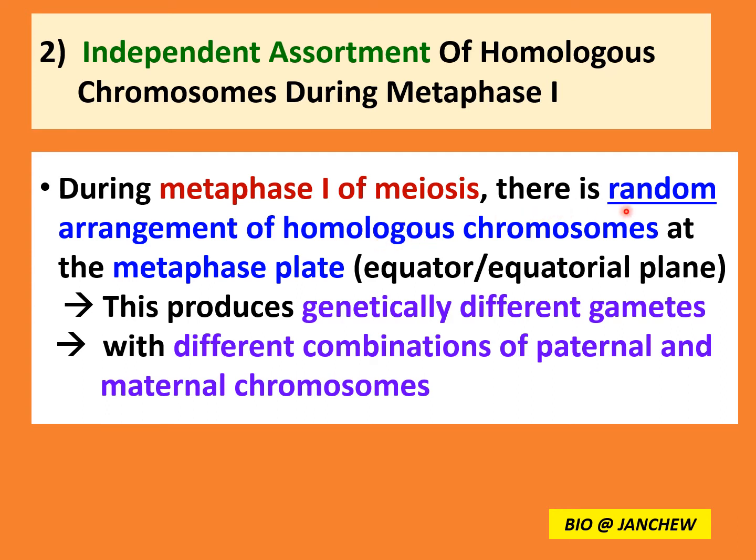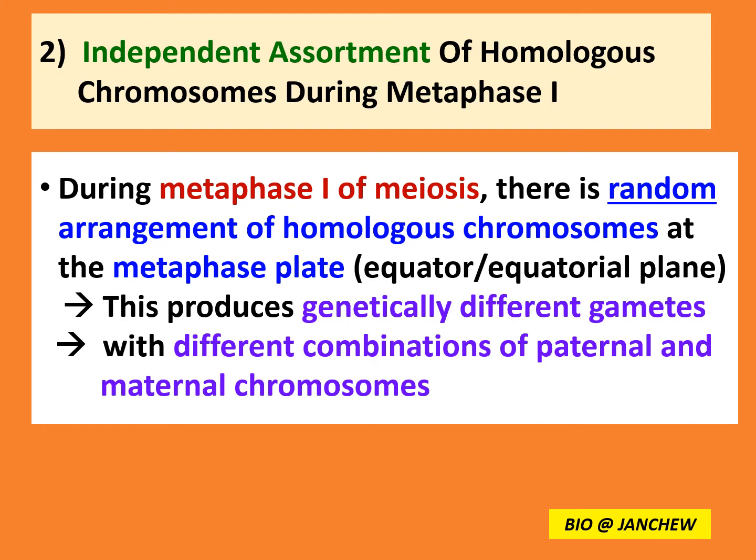Randomly means secara rawak, or in Chinese we say 随便. There's no fixed pattern to it. Thus this produces different combinations of paternal and maternal chromosomes in the gametes. And so the gametes are genetically different from each other.